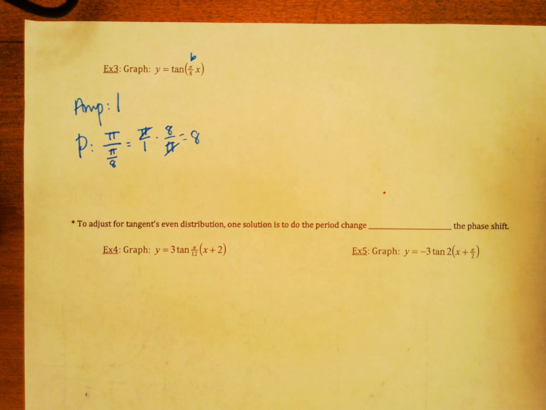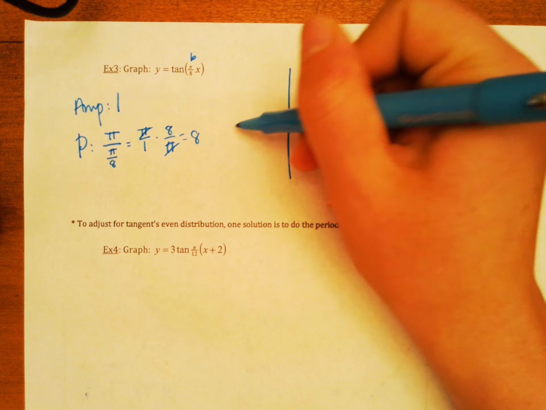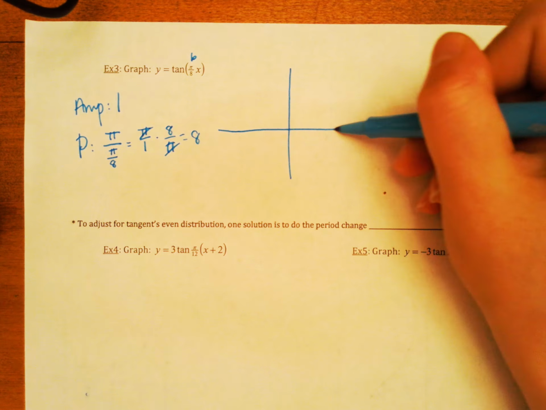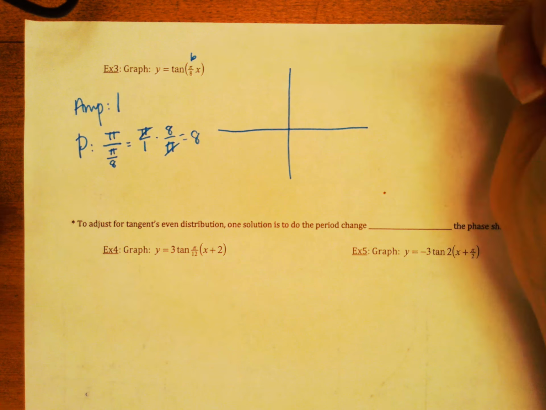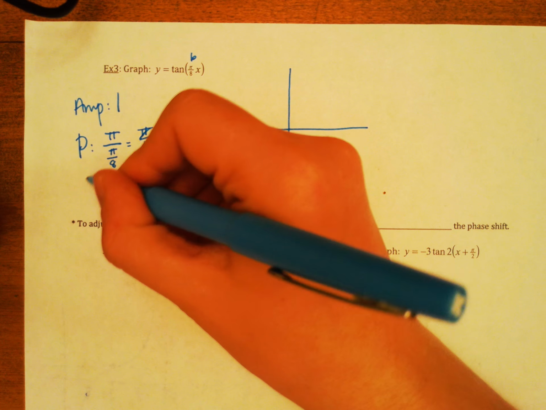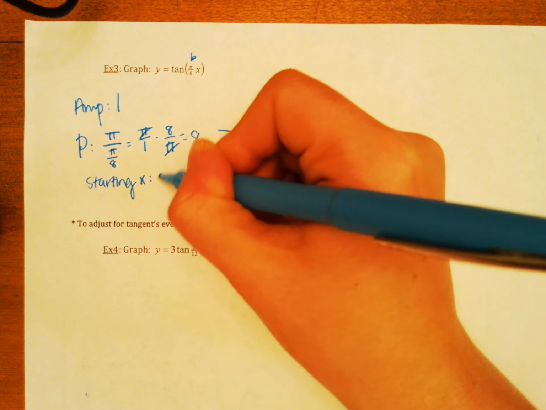Great. I don't have any phase shifts. I don't have any vertical shifts. So for this easy example, this is why we're starting with it, so you can see how this symmetry works. So our starting x is going to be 0.